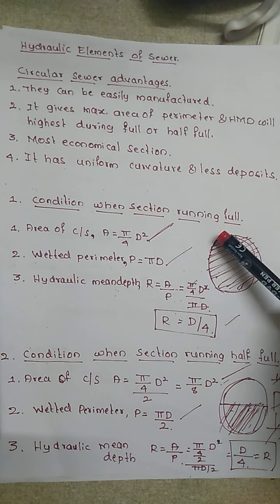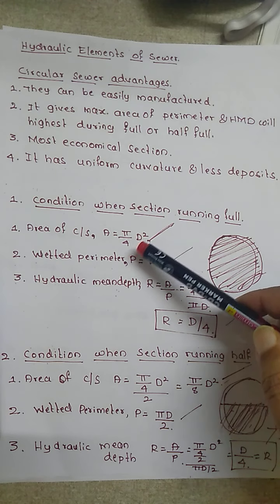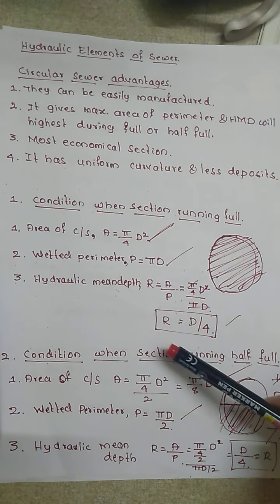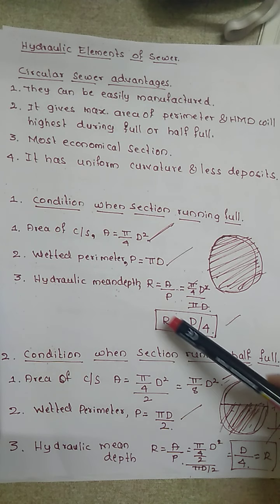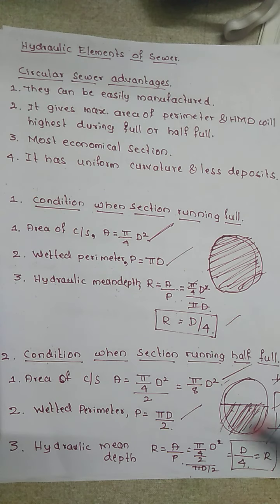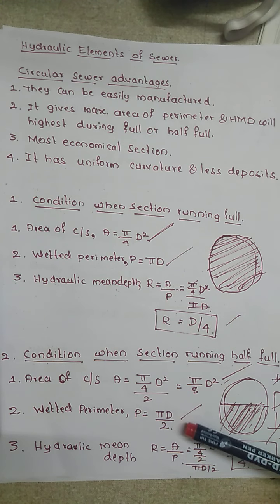Now as I have told, if the sewer is running full, then area is equal to pi by 4 into d square, wetted perimeter is P is equal to pi d, and R, the hydraulic mean depth, is d by 4. When the section is running half full, the area of cross section will become half of this, that is pi by 8 into d square, the wetted perimeter will become pi d by 2, and the hydraulic mean depth will again be d by 4.